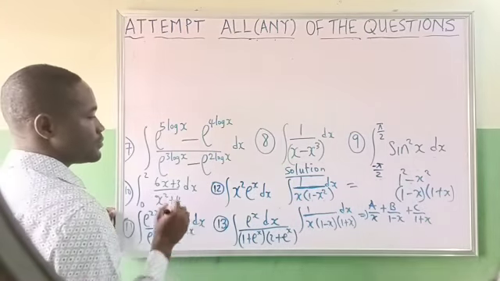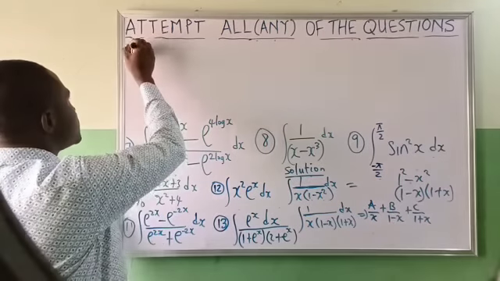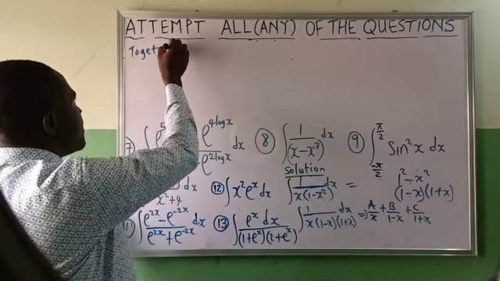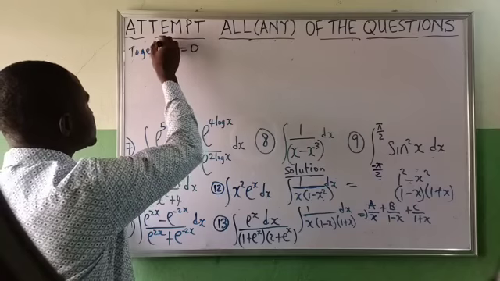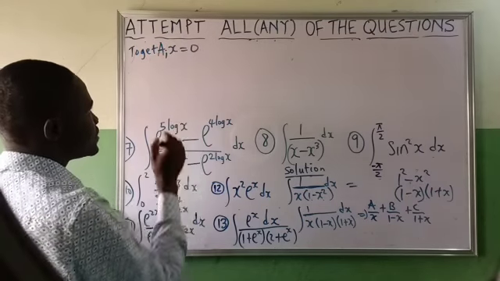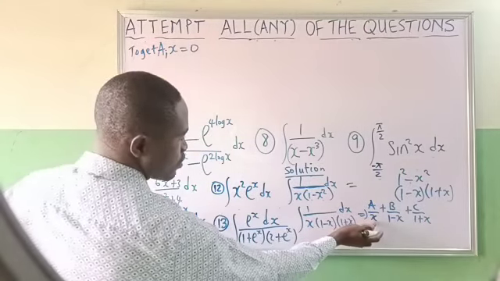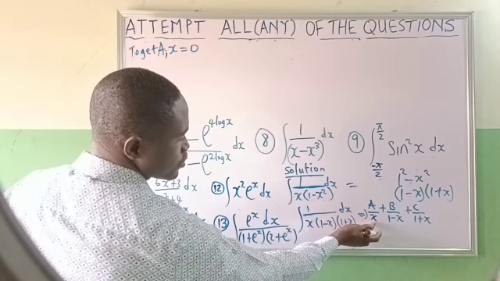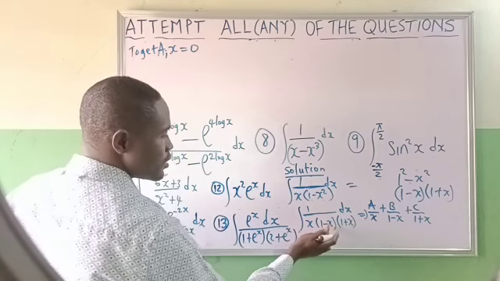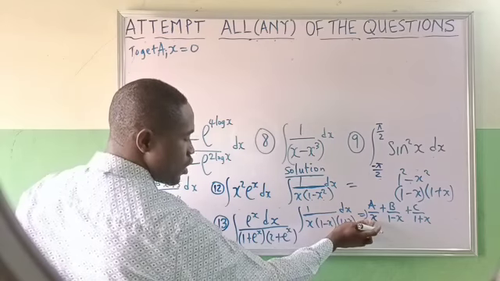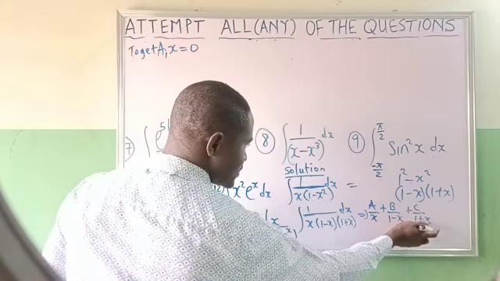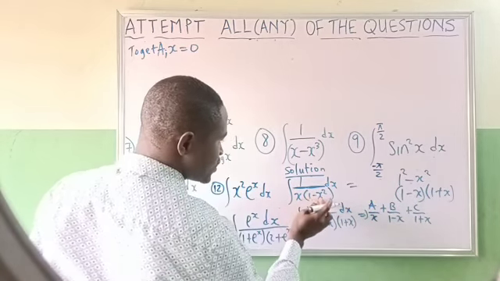To get a, make x equal to 0. The first one, I'm using the cover-up method. If I make x equal to 0, these two will remain, and this is 1 minus x squared.